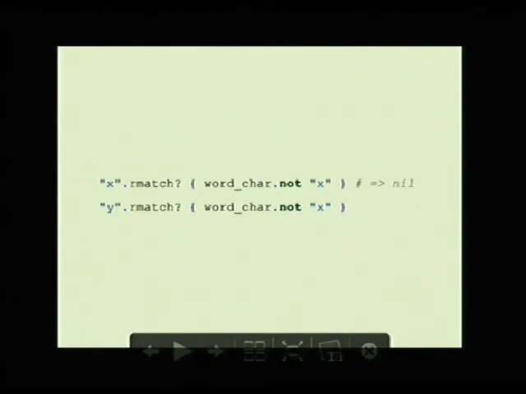There's this one, which is a word character that's not X, and then there's this, which is just a shorthand for any character that's not X. Give one more second to look at that. I'm moving through these fast, but the slides will be up online if you want to go back and look.